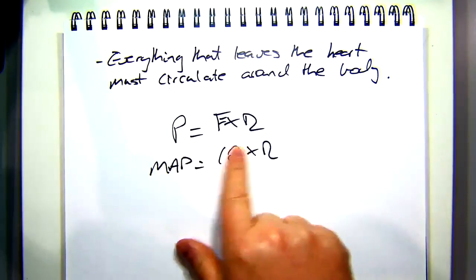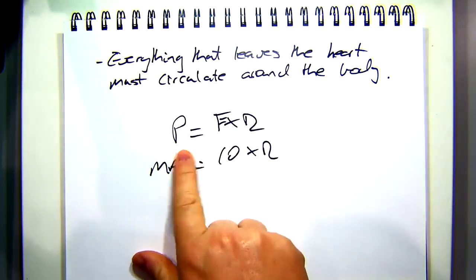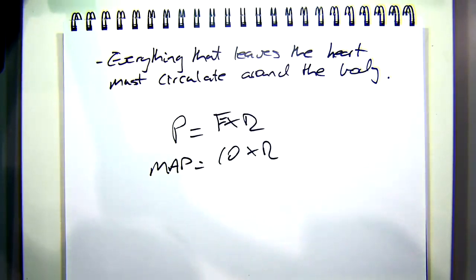What I was alluding to when we were thinking about that question about velocity through the vessels is the concept that pressure is equal to flow times resistance. Sorry, did I say force times resistance? You did. Now you're confusing me. Pressure is equal to flow times resistance.